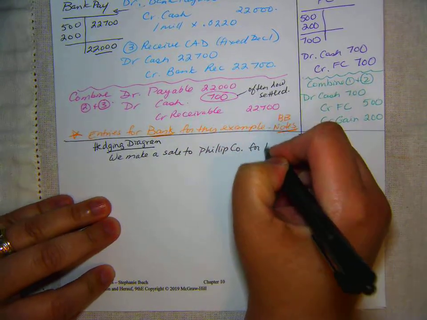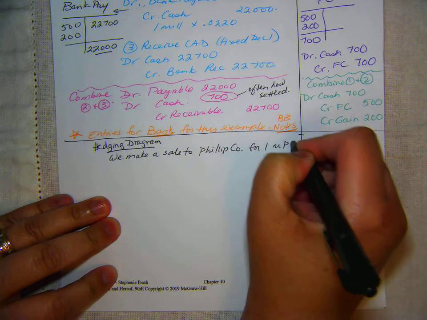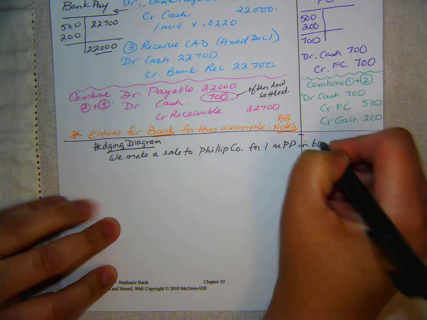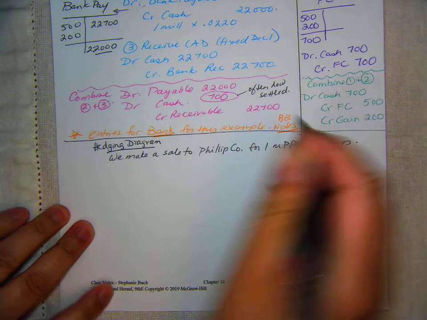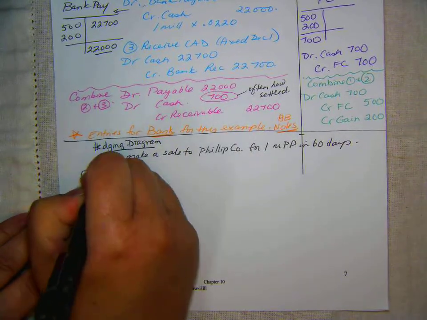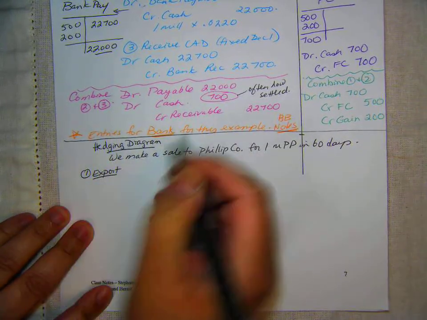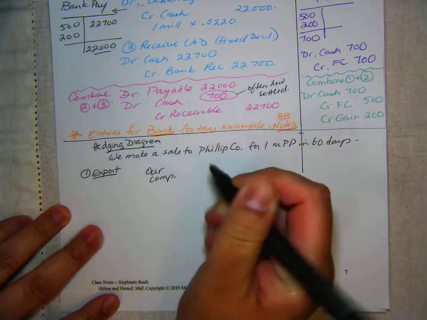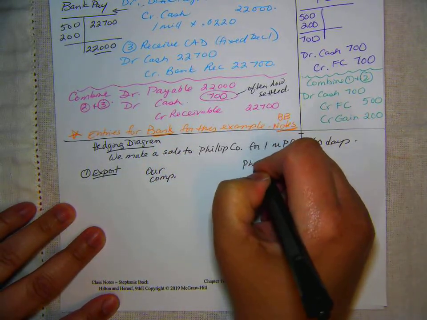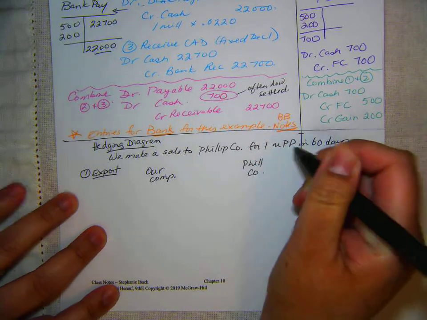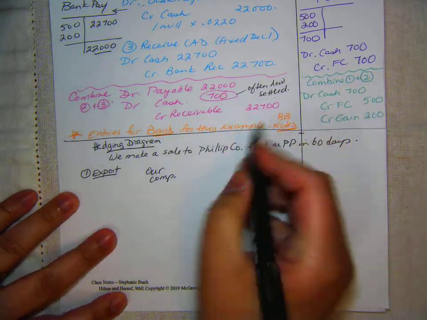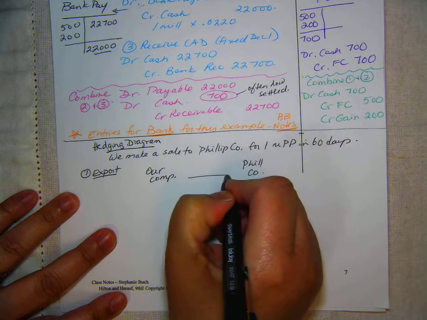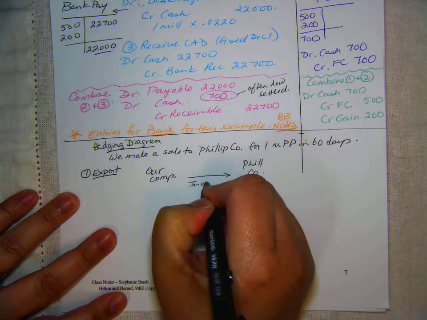So this is our export. Our company, Filipino company, and we're making a sale, so inventory is going this way. And we are going to get 1 million Filipino pesos in 60 days.